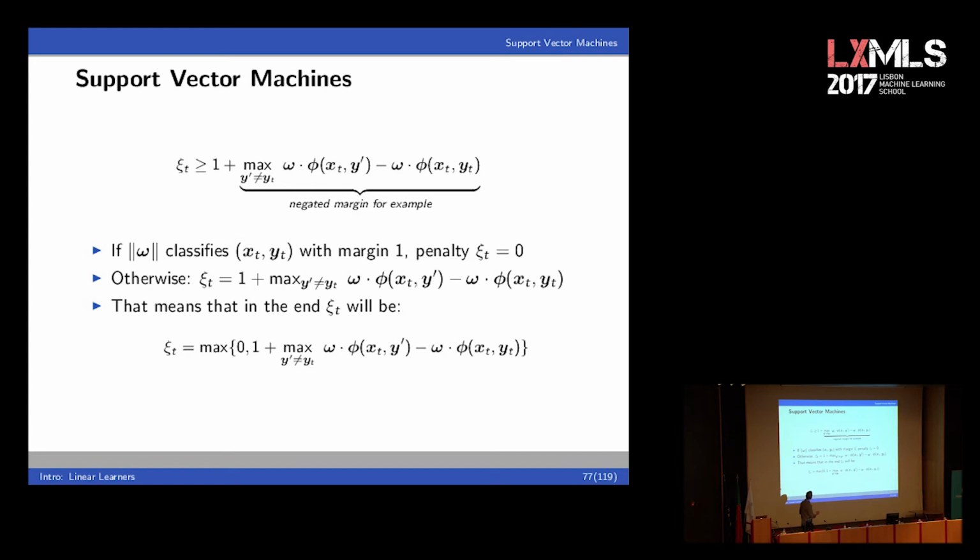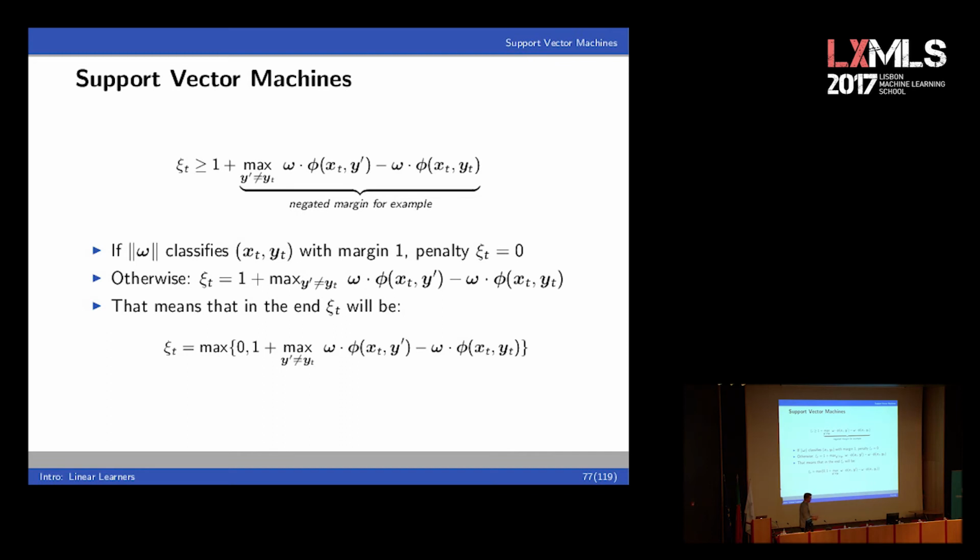And then, by looking at the properties of our error function, what we will see is that you can express this as the maximum of 0 and the negated error, because we just said that psi has to be greater or equal to 0, right? So we take the maximum with 0, and this term will be capped at 0 if the weight that you assign to the positive example is larger than the weight that you assign to all other examples, or to the example that has the maximum weight, by a margin that is greater than 1, right?